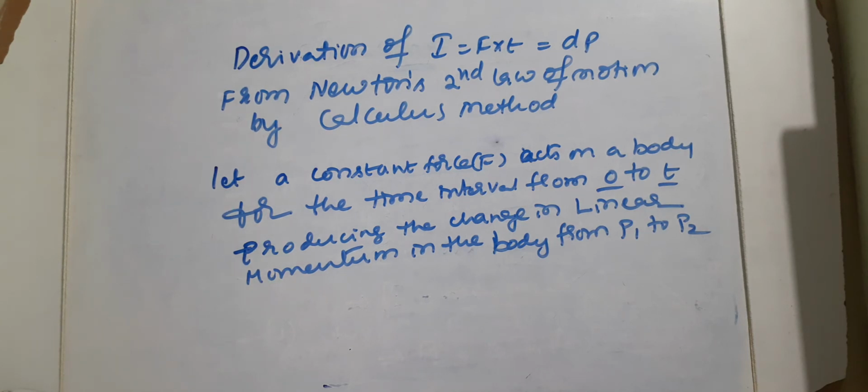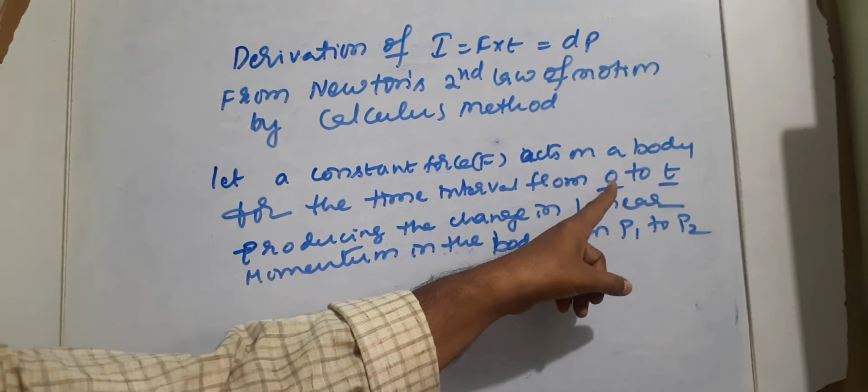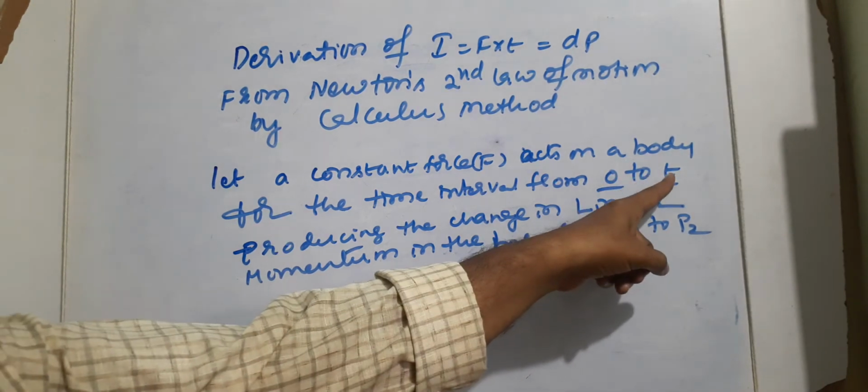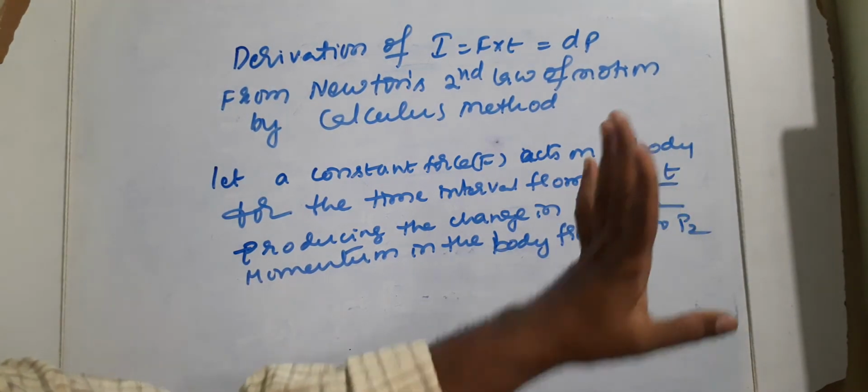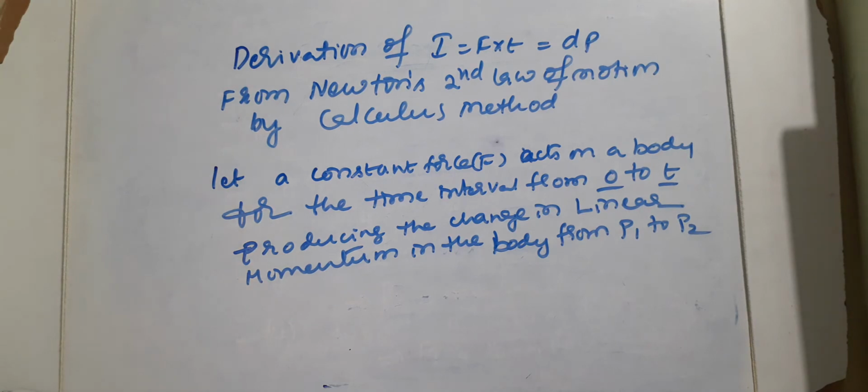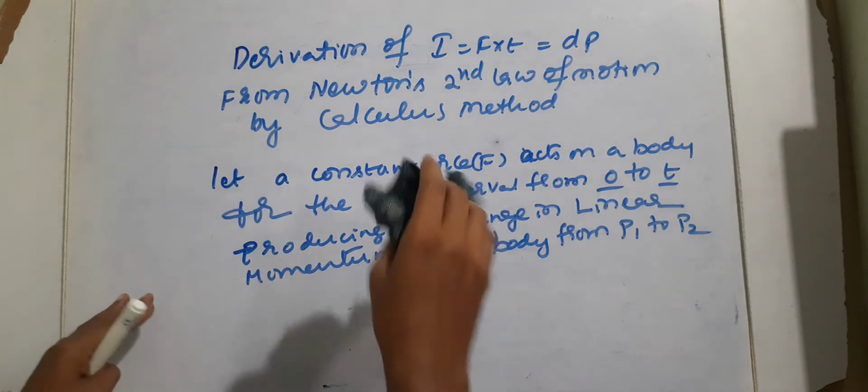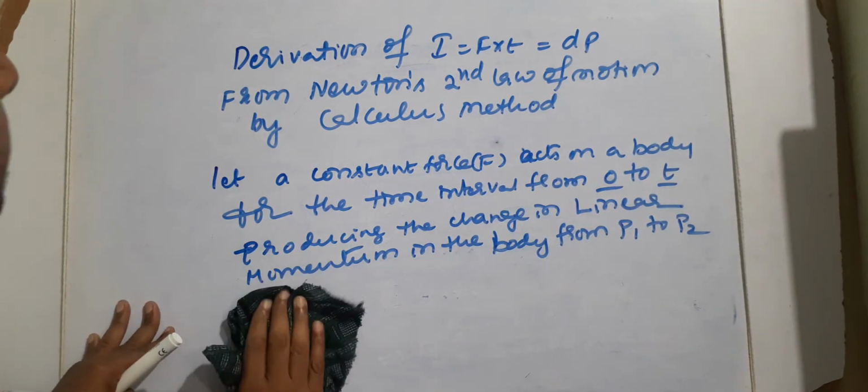So now we are taking these as the limits, the initial and final linear momentum. So by the calculus method, how can we derive the formula for impulse, which is I is equal to F into t is equal to dp?